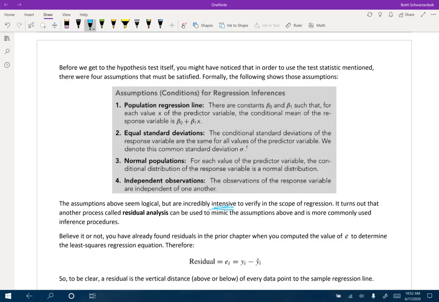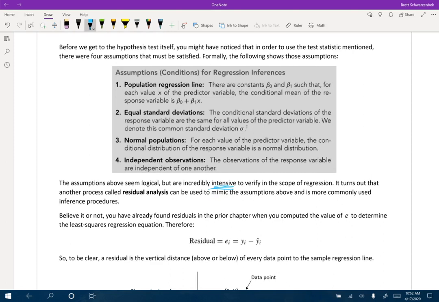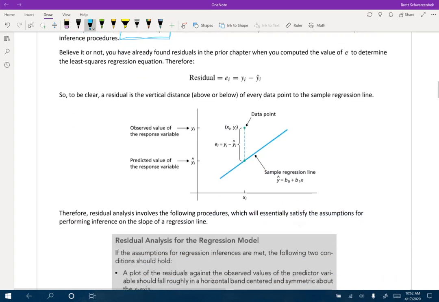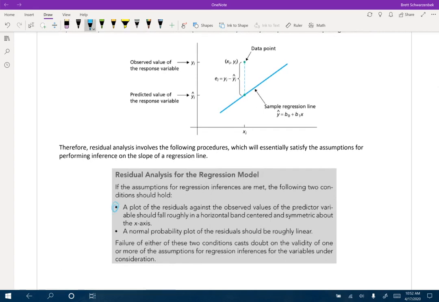So instead of doing so, it turns out that a common method called residual analysis allows us to basically do this entire thing in a couple easier steps. So just to be clear, we're actually not going to be checking the assumptions directly. We're going to be checking them using residual analysis, which requires 2 methods.